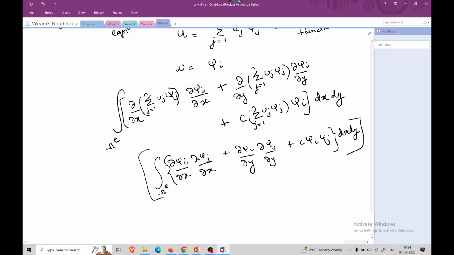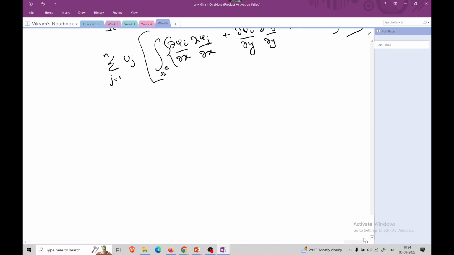The other terms I will put in the right hand side. This I can write as kij uj, where kij is nothing but the stiffness matrix. What is kij?